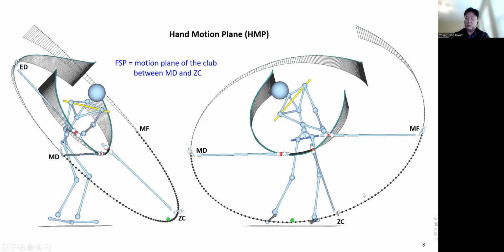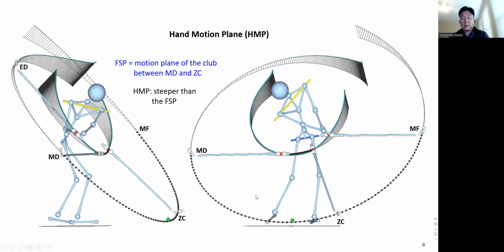So while the club head is moving along the functional swing plane, your hand, the hand center, will move a bit more above, up and down. So it has this large deviation here and here. So in other words, you will need a little bit of wrist flipping in order to maintain this motion here. So the hand motion plane is steeper than the functional swing plane. For example, in the driver swing, it's about 10 degrees steeper than the functional swing plane.